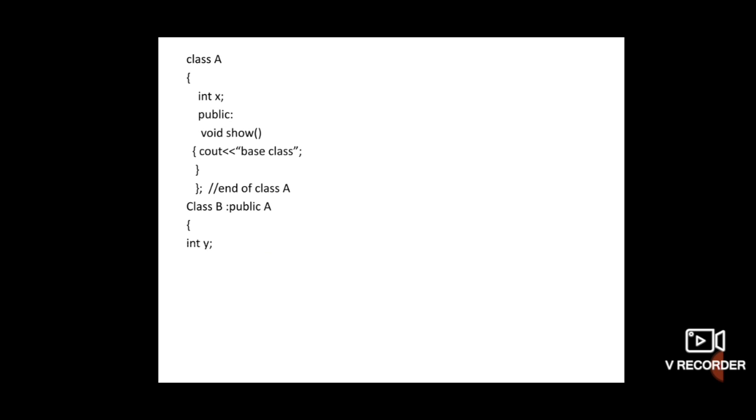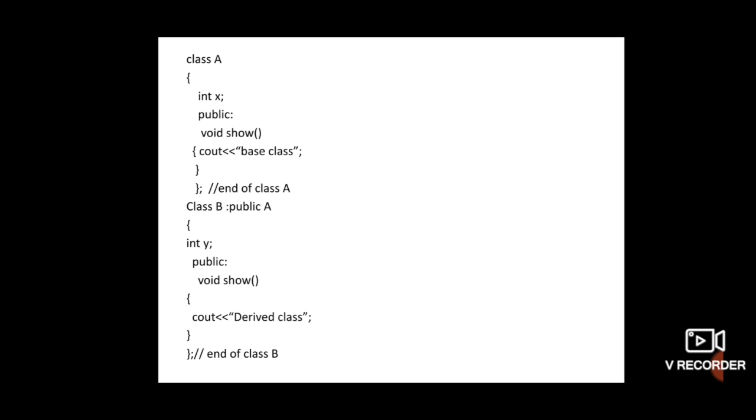Now in class B, one integer variable is declared, named y. In the public access specifier, again a void show member function is declared. In this member function just display one statement, derived class. Now end of show and end of the derived class.